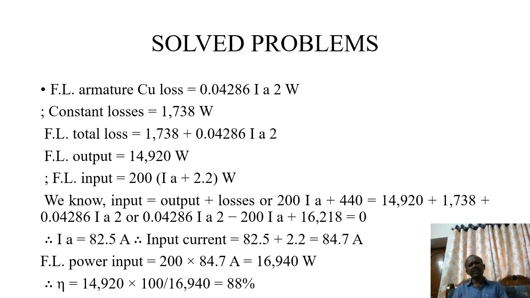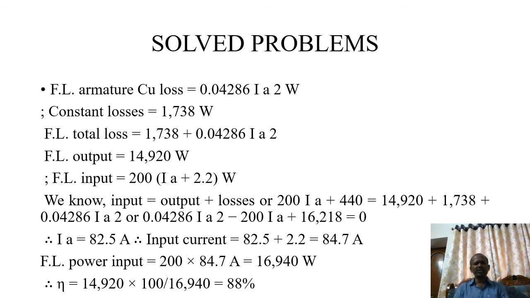We know that input is equal to output plus losses. What is the input? 200 into Ia plus 2.2, which is equivalent to 200 Ia plus 440, is equal to 14,920 plus 1,738 plus 0.04286 Ia square.